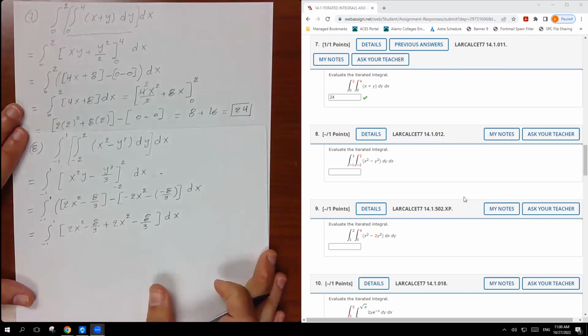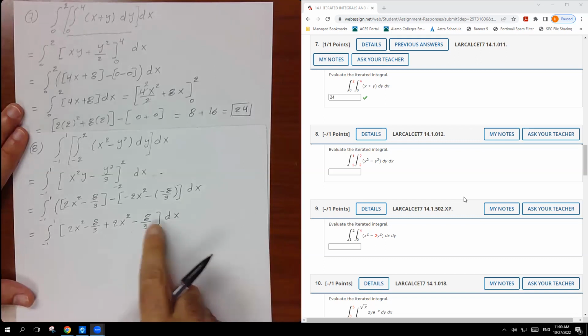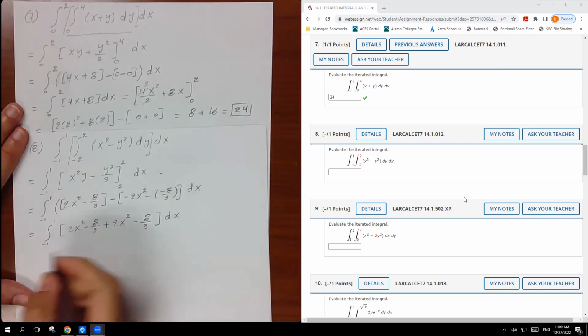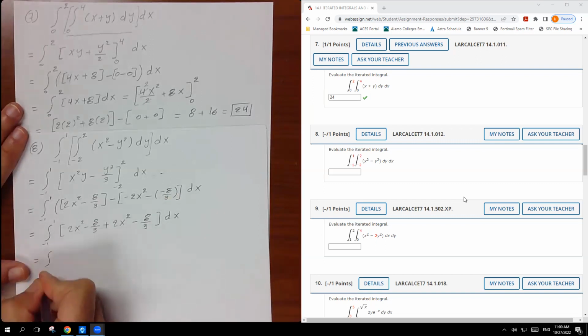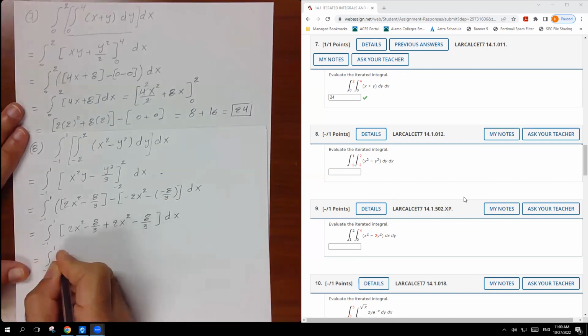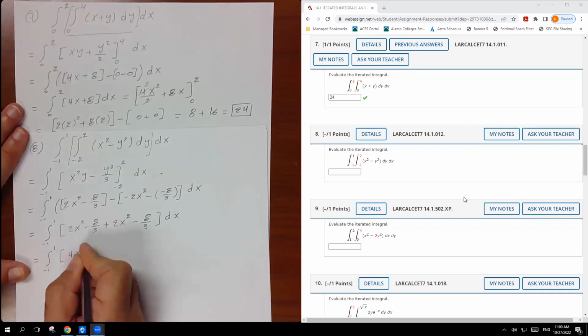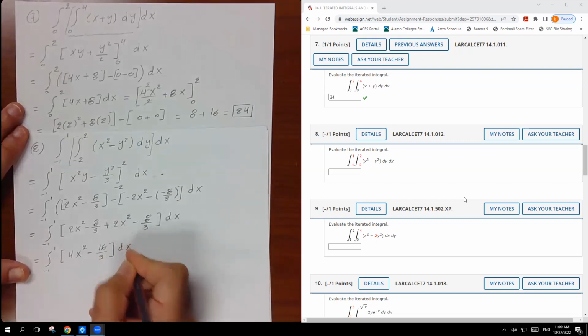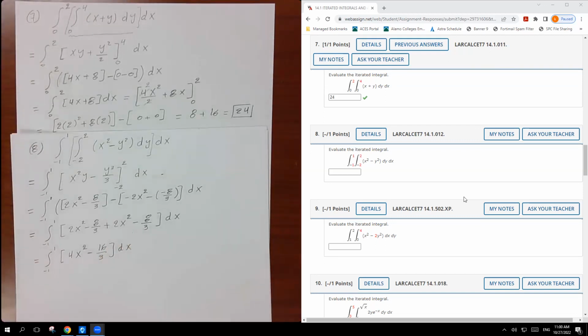Let's check that. Yeah, this is going to be minus. So now we're going to combine. So integral from -1 to 1 is going to be 4x squared minus 16 over 3. And everything now to the x.